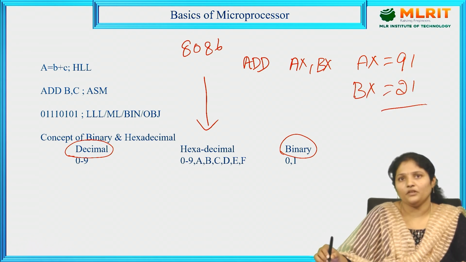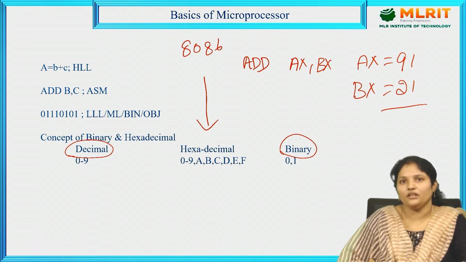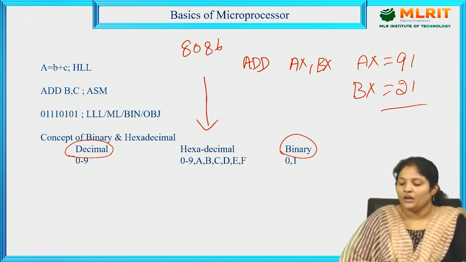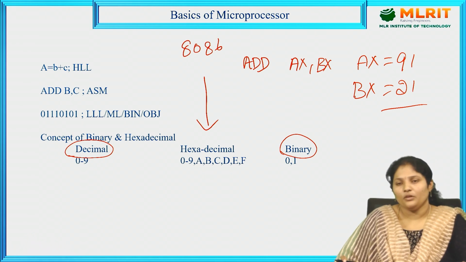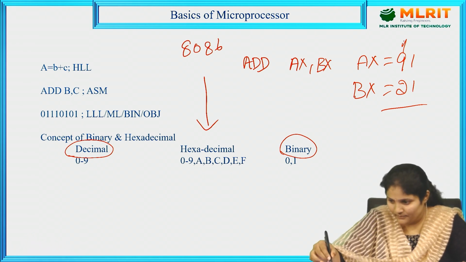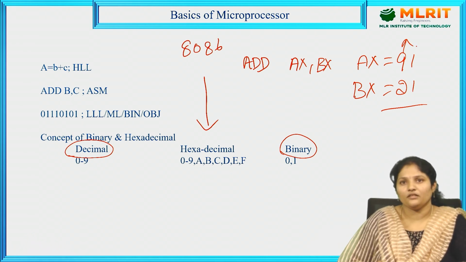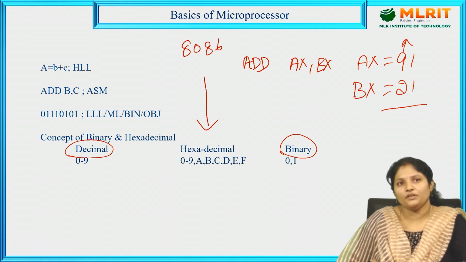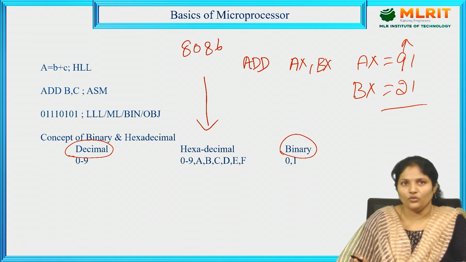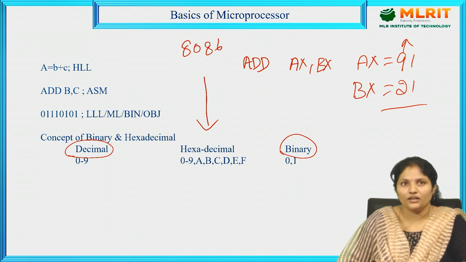Can we perform this operation? Yes, absolutely. That's what the initial microprocessors do. Here 9 is in decimal number system format. How will it perform addition between decimal numbers? As you all know, it will be converted into binary operations.